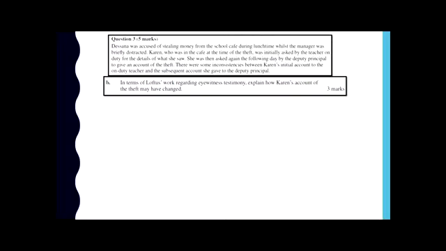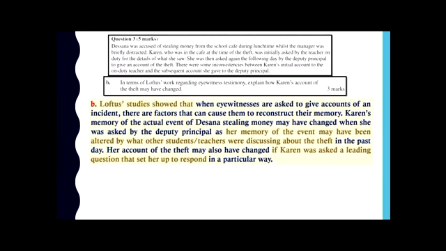So usually where you're going to get those 3 marks from is you are going to be first talking about Loftus's study. So making a small reference to what Loftus's study was about, just like a 1-sentence thing. And then after that you are going to be bringing in the characters of that scenario. It's really important to make sure you do talk about the names of the people in the study.